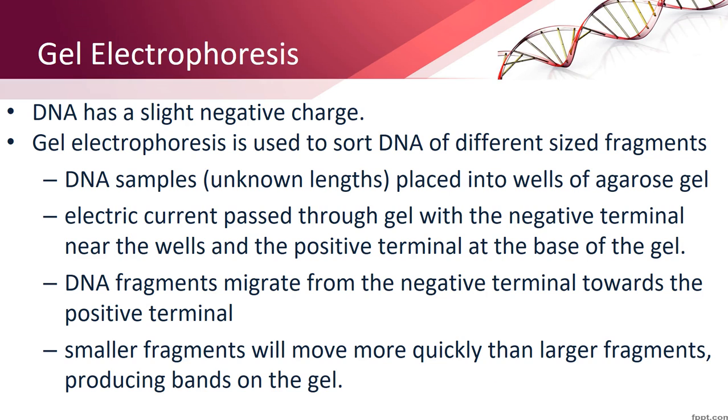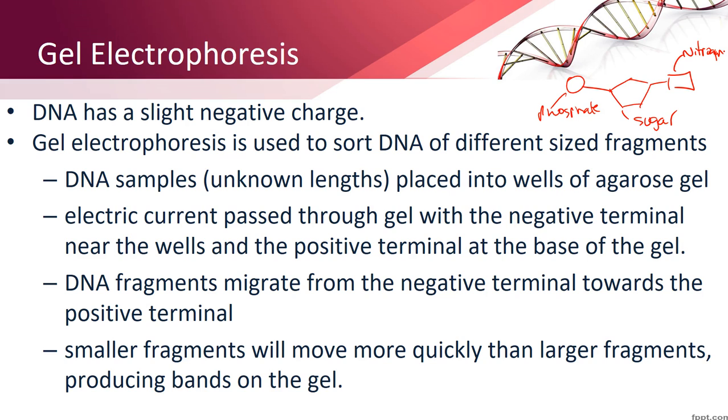So we know from when we did DNA structure that DNA is a series of nucleotides that are put together with a phosphate, the sugar, the deoxyribose sugar, and the nitrogen base, which can be adenine, thymine, cytosine, or guanine.